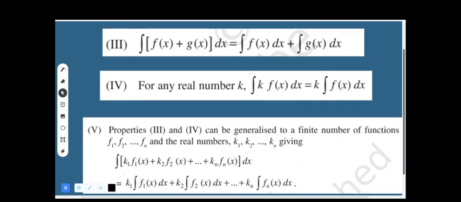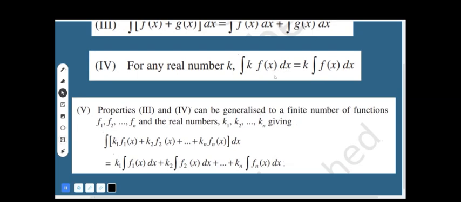Then property 4 says for any real number k, if there is a constant k times f of x, then we can write that constant outside and integrate the function: k times integral of f of x dx. Property 5 is a combination of 3 and 4. Properties 3 and 4 can be generalized to a finite number of functions f1, f2, ... fn and real numbers k1, k2, ... kn.